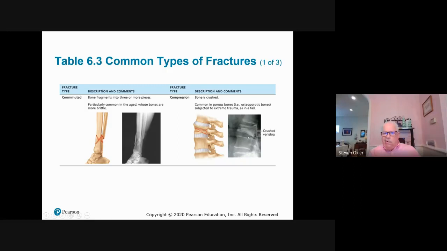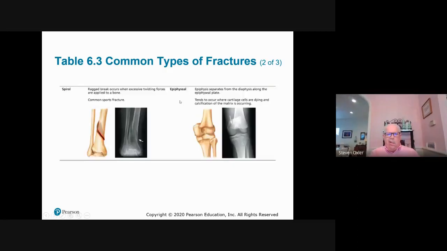A crushed vertebra is a compression fracture. Okay? Spiral fractures. You twist your ankle, and here it is an S-shaped fracture, a very common sports fracture, a spiral fracture of the distal femur.